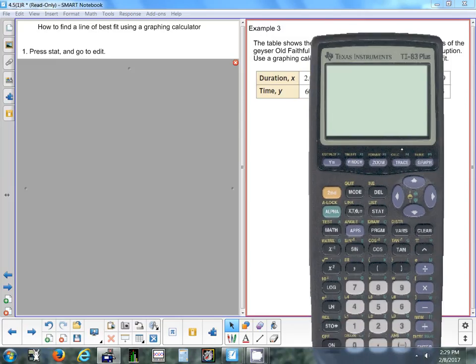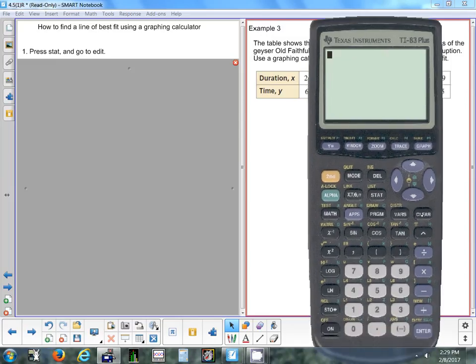All right, first thing, I just want to make sure everybody is at that screen, and we have a blank screen. Is everybody's calculator on? If you have stuff on the screen, you can just press clear. All right, so what's the first thing that step 1 says to do?